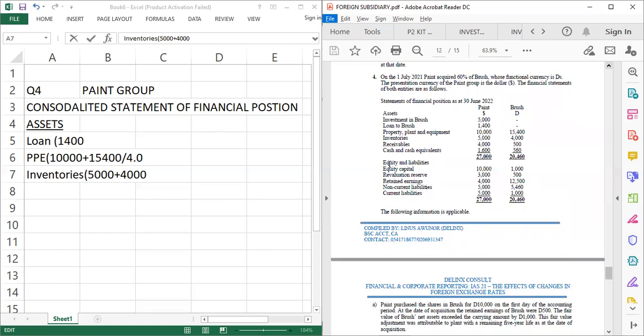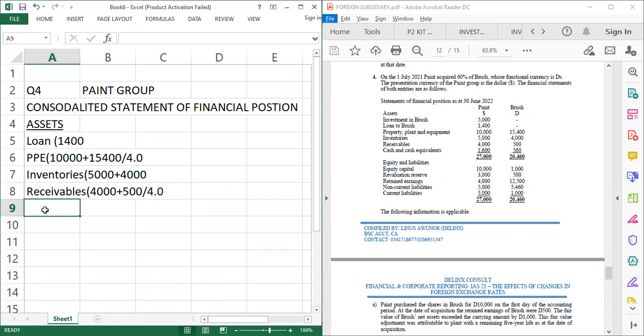Let's move on. So we have receivables. Receivables is how much? 4,000 plus 500 divided by 4.0. The next one is cash.